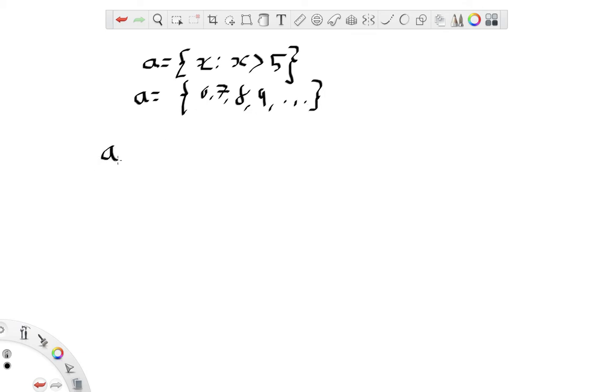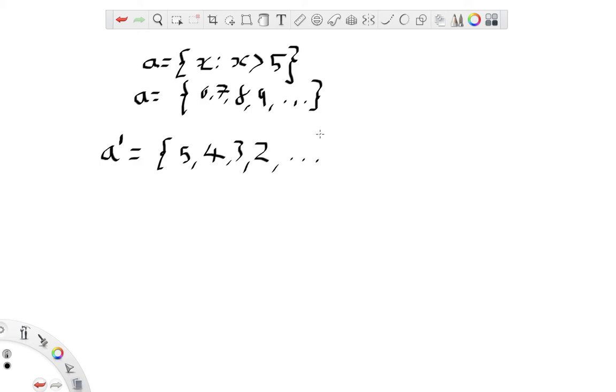So when we've got A with a little dash above it, that means complement. So A complement is everything that isn't in A. So if we're thinking about the integers, what integers aren't in A? Well, we can have 5, 4, 3, 2. So we get the idea.